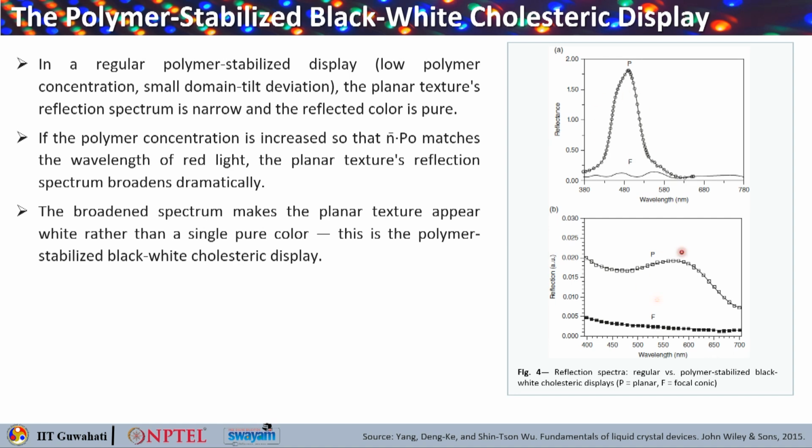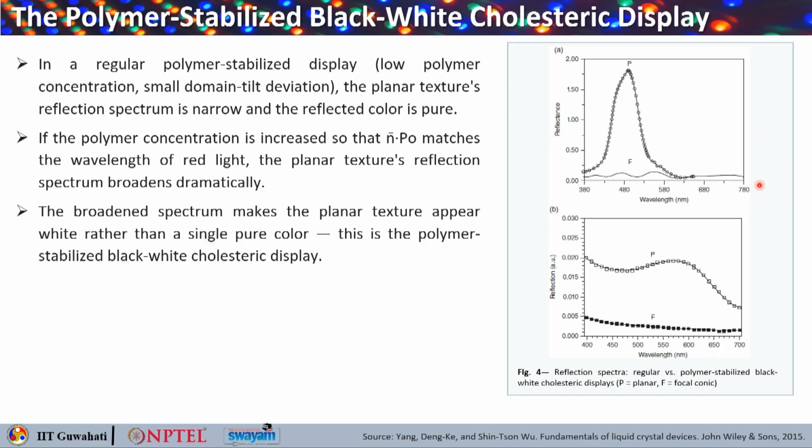So you can actually see here in this particular figure 4, the two reflectance spectra. We are comparing P, which is the planar one, and F, the focal conic. Here you can see reflectance versus wavelength, and the same can be seen over here, for the black and white cholesteric displays.